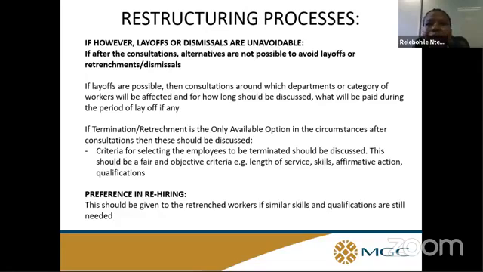For example, even if we were to operate at a certain percentage of workforce, this problem will still continue, so we have to retrench. Then the issue would be, how is this retrenchment going to be effected?